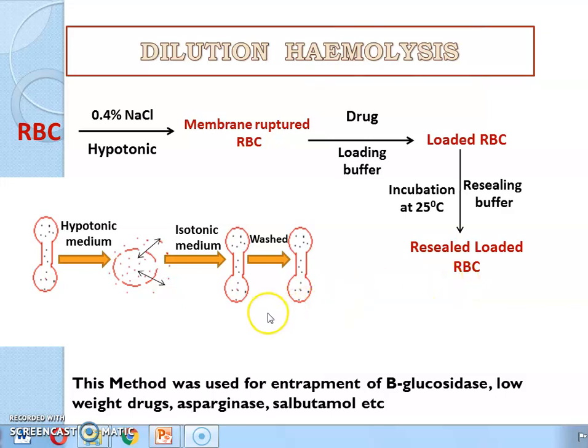These methods can be used for the entrapment of beta glucosidase enzyme, low weight drugs, asparaginase, salbutamol, etc. This method has an encapsulation efficiency of 1 to 8%.